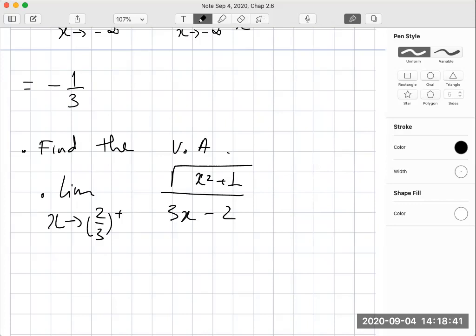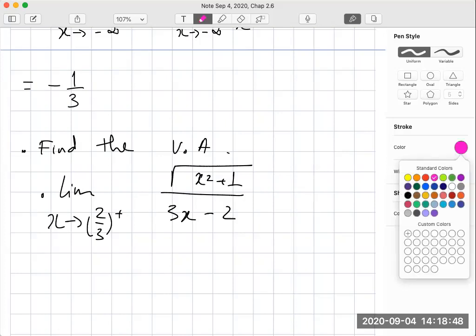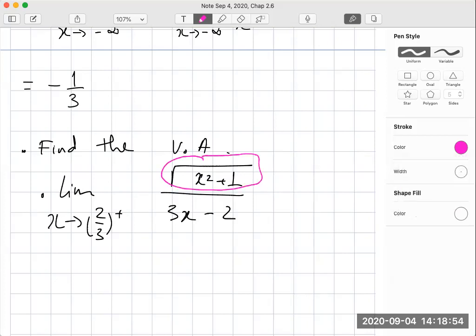right? Look at this. When this approaches 2/3, it will be approaching the square root of (2/3) squared plus 1, right? Simply a constant. Okay?